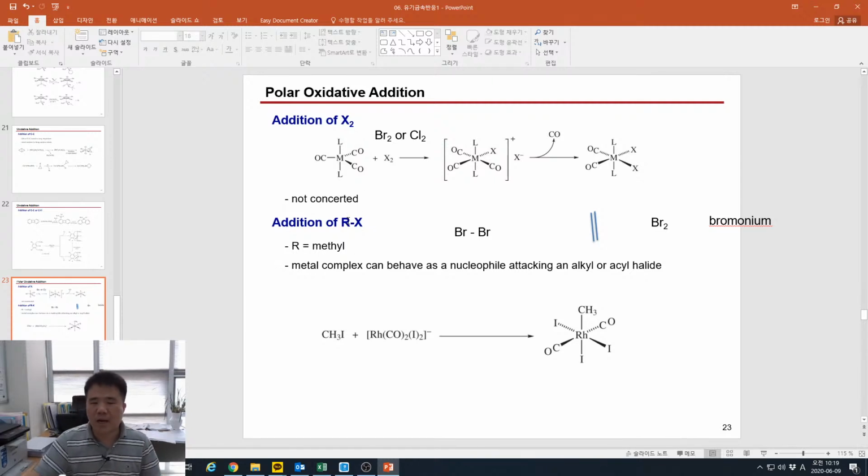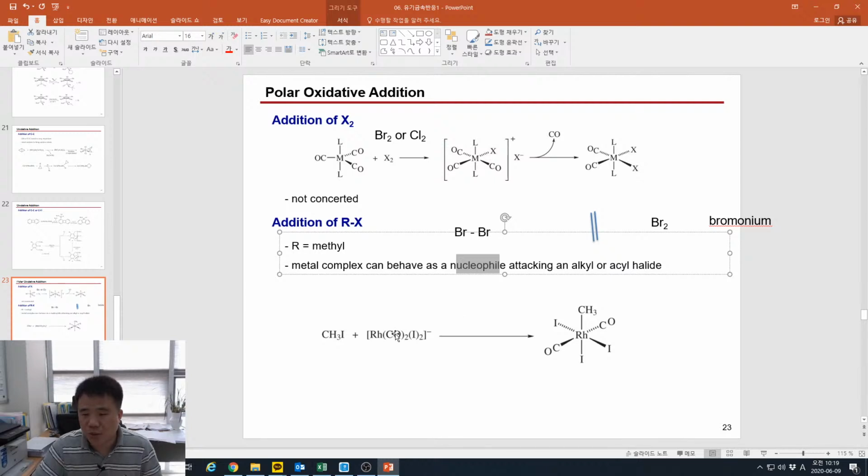How about RX? RX means a carbon halide bond. If R is methyl halide, because methyl is very small, the transition metal complex can behave as a nucleophile, similar to SN2.